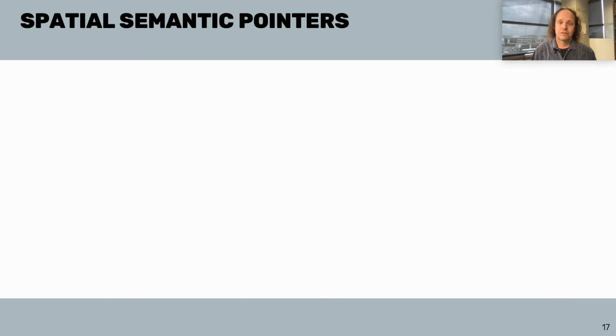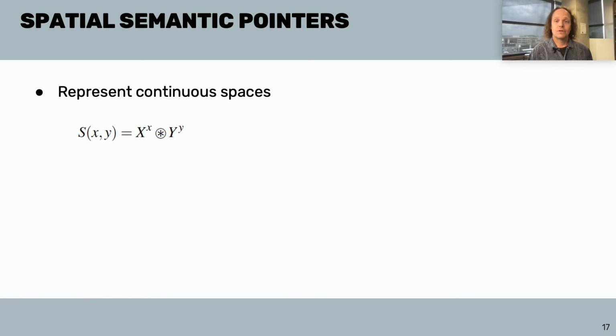Luckily, we can do this without introducing any new operators in order to generate continuous representations. Specifically, we can generate a slot by naming the axes of the space that we're interested in. So suppose we want to represent a two-dimensional space. We can name those axes x and y. X and y are both vectors that we've generated in the standard way.